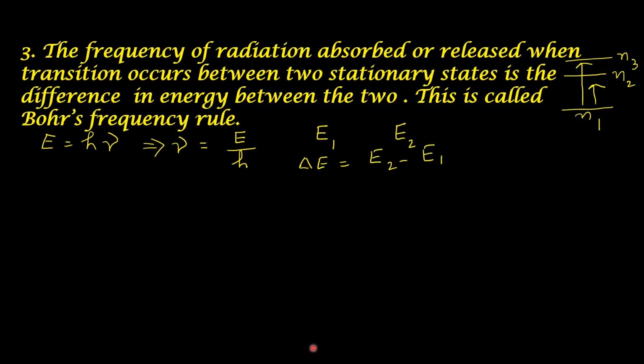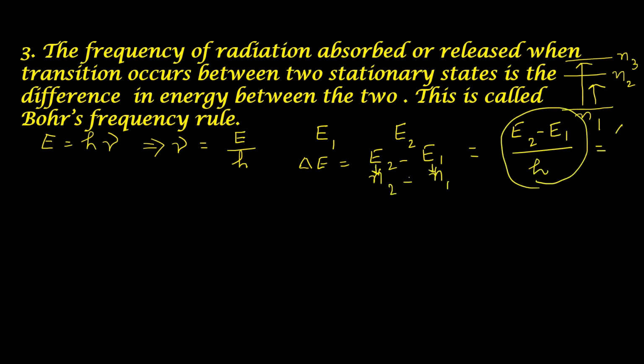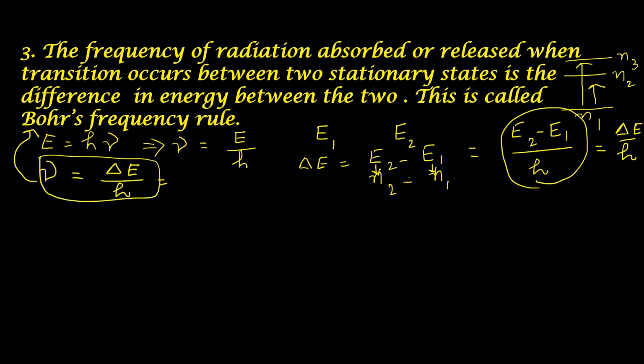Applying the equation, frequency is equal to E by h. Difference in frequency will be equal to E2 minus E1 by h. This can be written as delta E by h. Delta E by h is the frequency of the radiation that is absorbed or released when transition occurs between two stationary states. This expression, frequency is equal to delta E by h, is Bohr's frequency rule. That's important for exam. I hope it is clear.